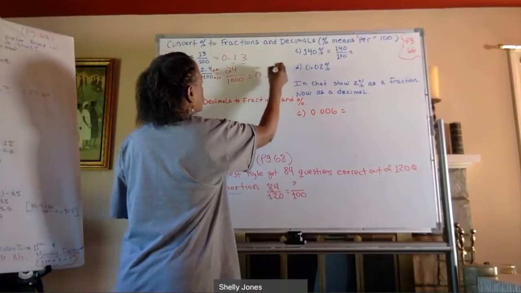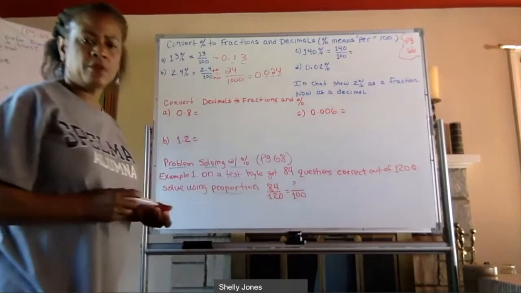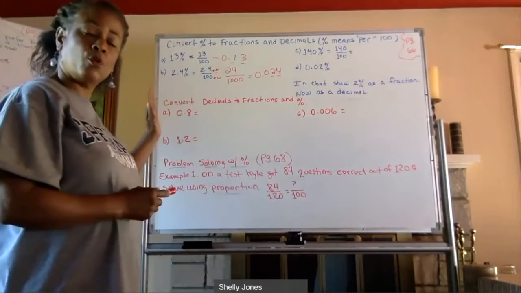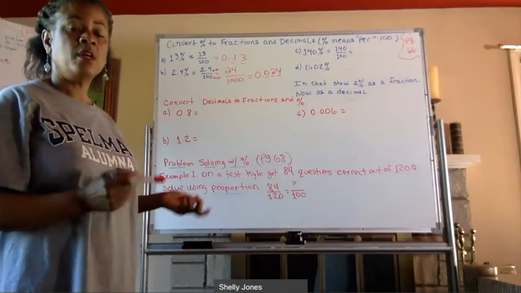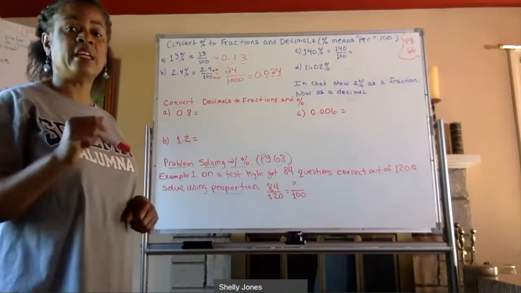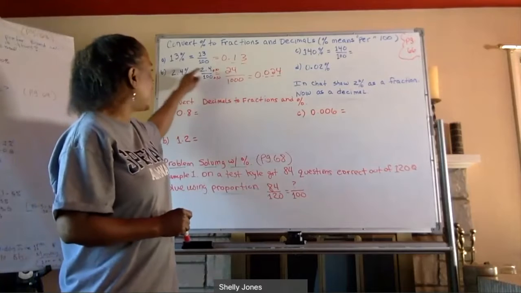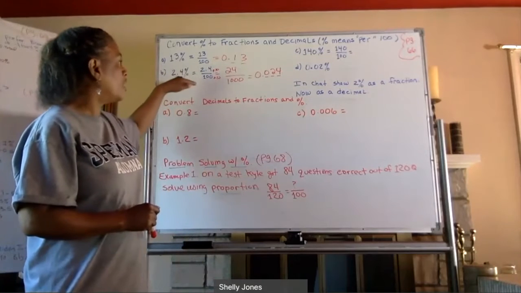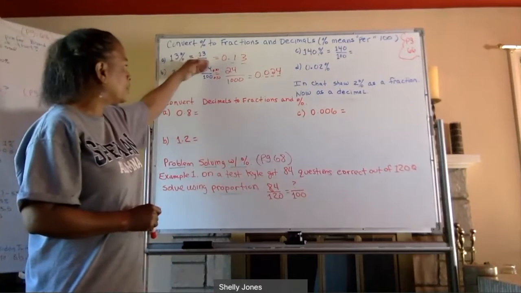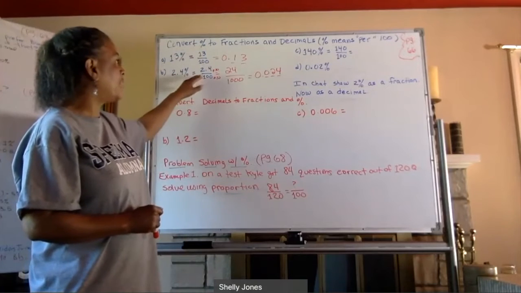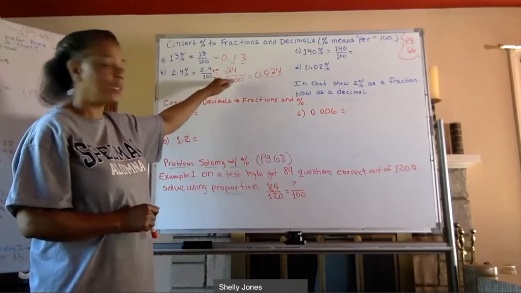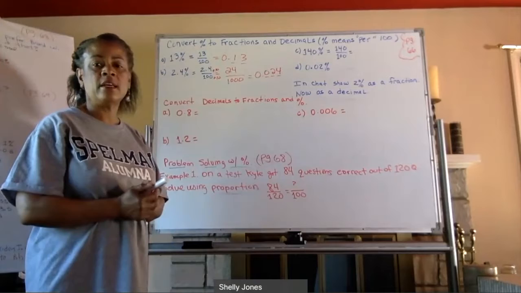I have my 24, but I need a 0 in front of the 24 to make the 24 go to the thousandths place with a TH. When you're writing your numbers, don't forget that TH. So here I had 2.4 over 100. I multiplied the numerator and denominator by 10 so that I could have 24 thousandths and easily write that as a decimal.